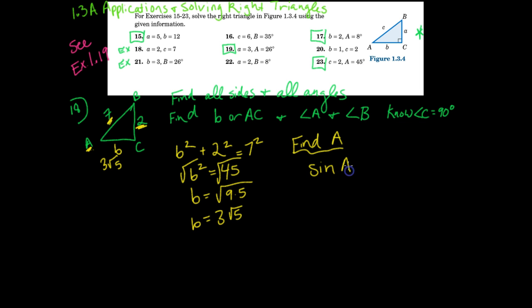So the sine of A is equal to the opposite side, 2, over 7. Notice I didn't use cosine, but if we had figured out B, you could use cosine of angle A equal to 3 root 5, because that's the adjacent leg, over 7. Either of those will work.